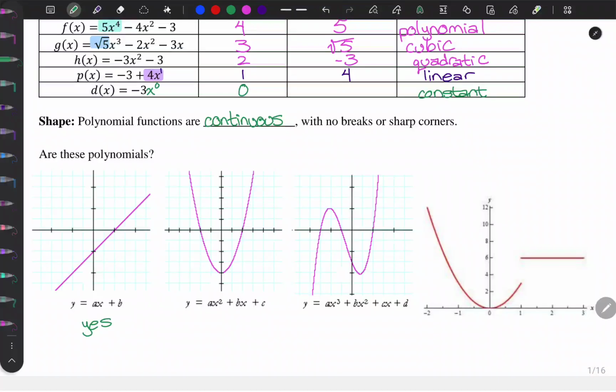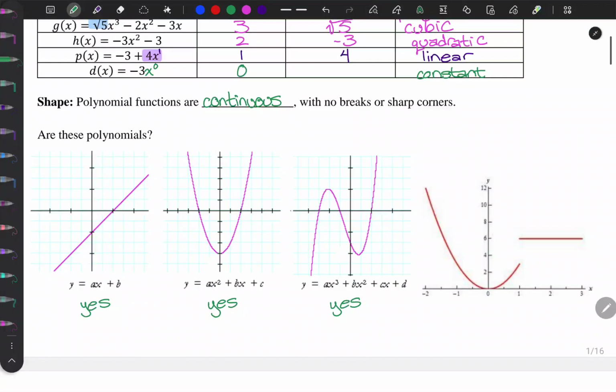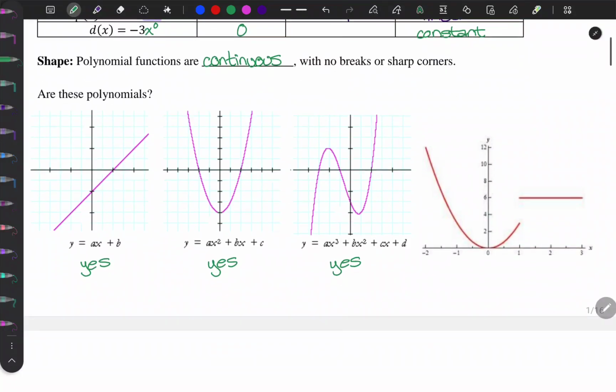The next one also has no breaks, no sharp corners, so yes for the quadratic, yes for the cubic. The last one has a break, so as much as part of it is continuous and another part is continuous, there is that one area where it is not attached, and therefore it is not a polynomial.